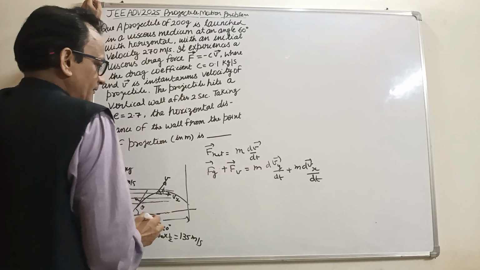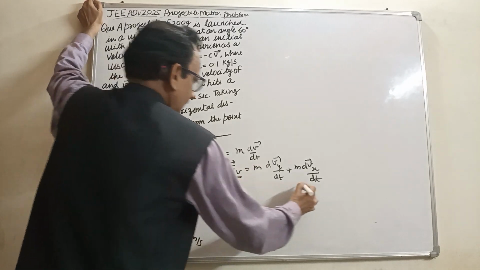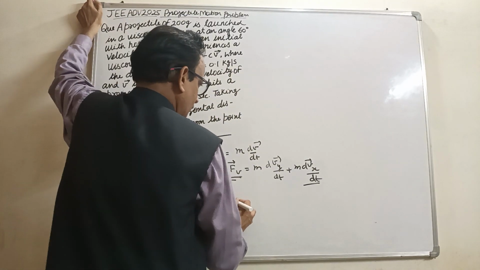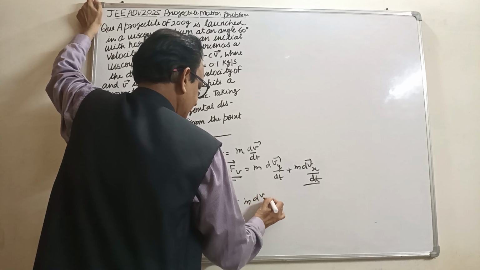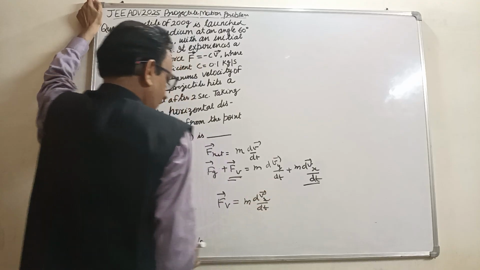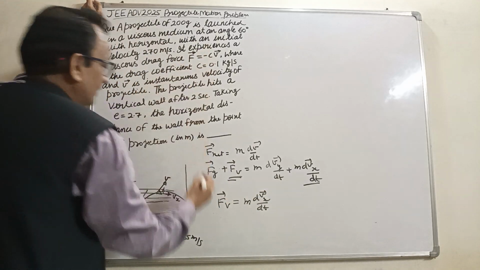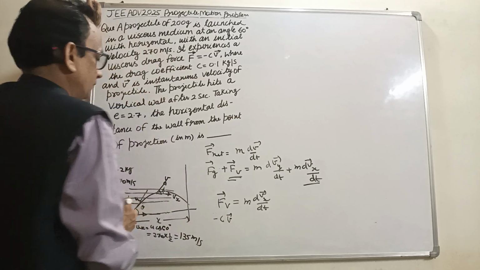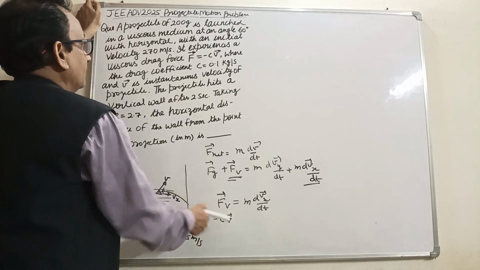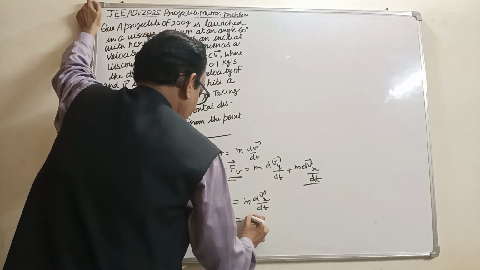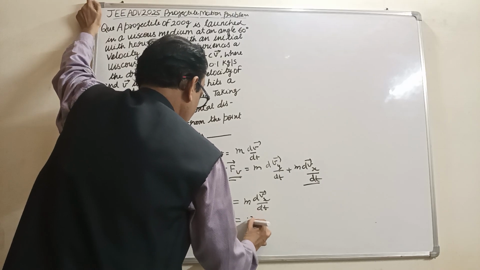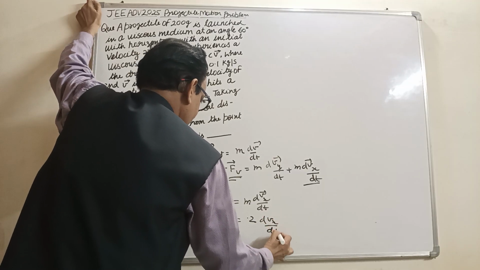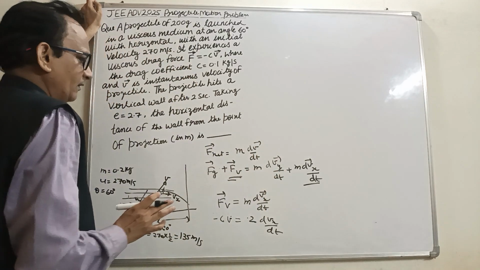So on equating, Fv is equal to m dvx by dt. Fv is given as minus c times the velocity vector, v. So what is the value of m? m is 0.2, and we take only magnitude.